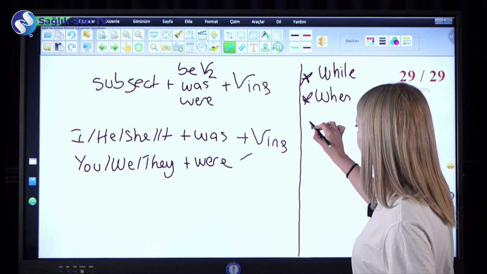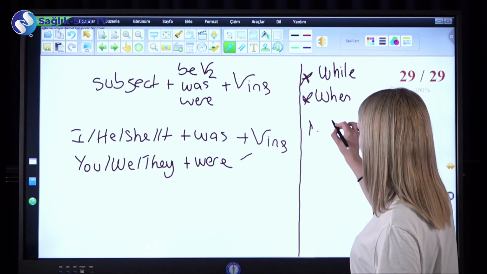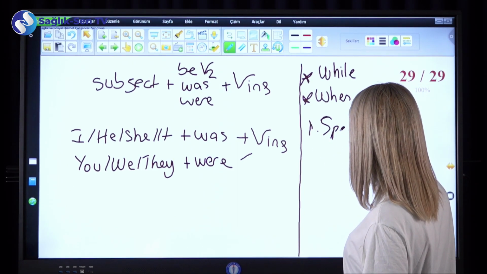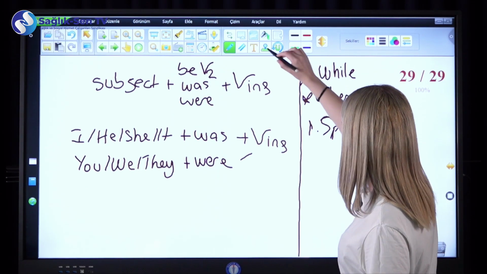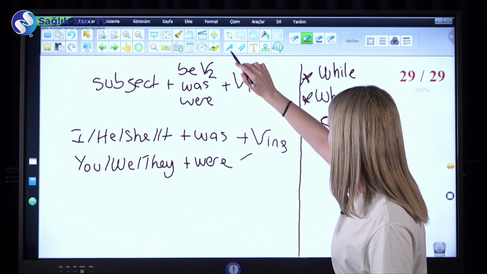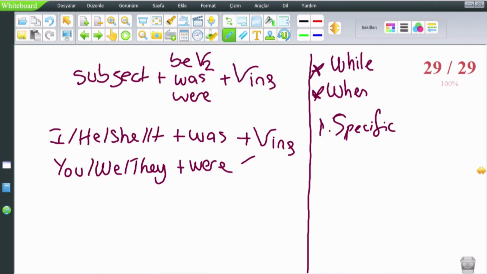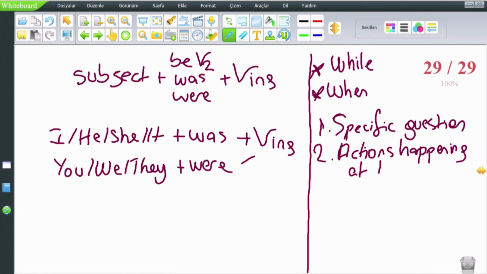Okay, so first is a specific question. Second is actions happening at the same time. Or actions that interrupt each other.